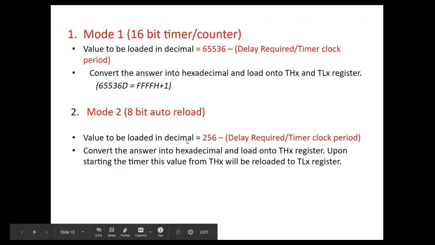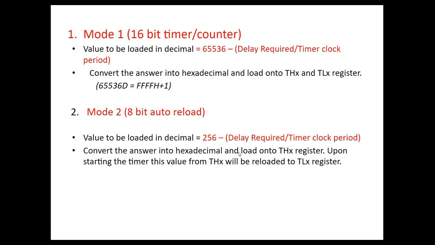Then this decimal value should be converted into hexadecimal and loaded into the THX register, because in mode 2 we load the value into the THX register, and that value will be automatically loaded into the TLX register. But in mode 1 programming, the converted hexadecimal value should be loaded onto the THX and TLX registers separately.